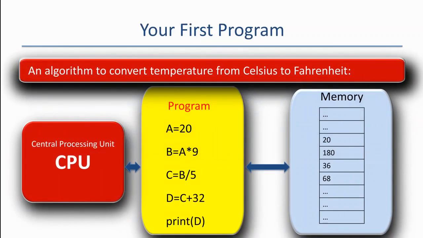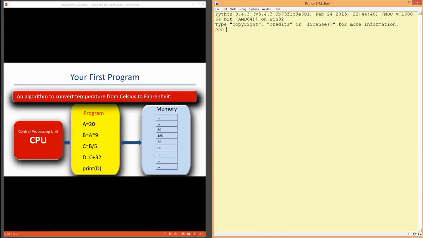Let's recall the example program that we had before, and let me put it side by side with the Python IDLE. Entering the program into the Python IDLE is very simple. All you have to do is type everything that you had on your example program exactly on your Python IDLE.